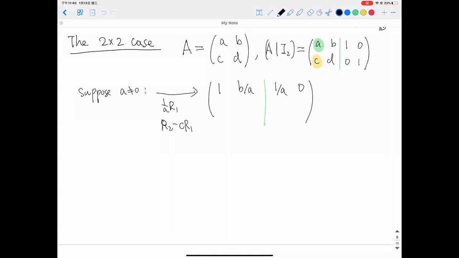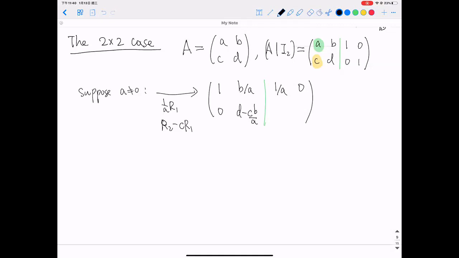Now R2 minus C R1 would then be, well, C minus C, 0 here. What is this? D minus C B on A there.